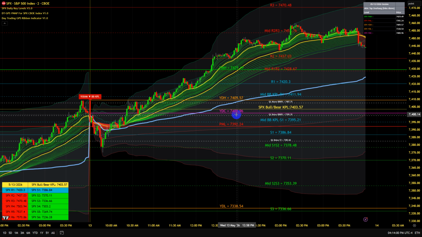Okay, so in today's session, we have the opening candle, which is closing below the bull bear key price level for today, 74.0357. As you can see, we also have the two other add-on indicators added here. We have our VWAP indicator, which works on SPX CBOE as well as XSP CBOE.